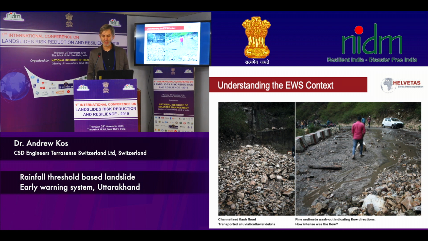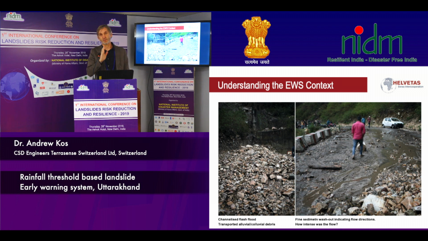While we were there, we actually experienced a cloudburst, and we were stuck on the road for 8 hours waiting for it to be cleared. But what was interesting about the event was it was a very localized cloudburst. We don't know where it was actually centered.